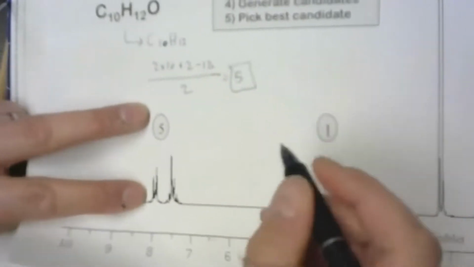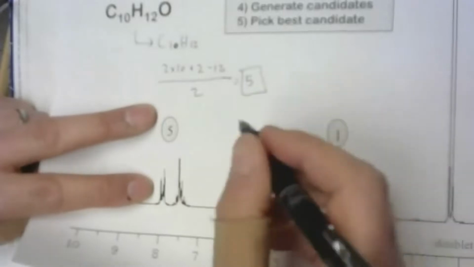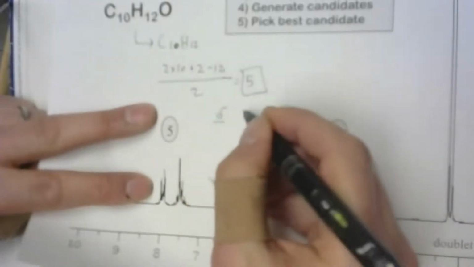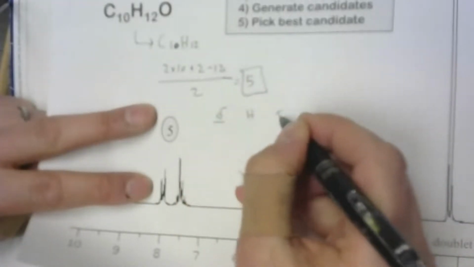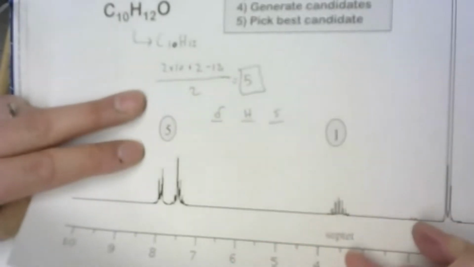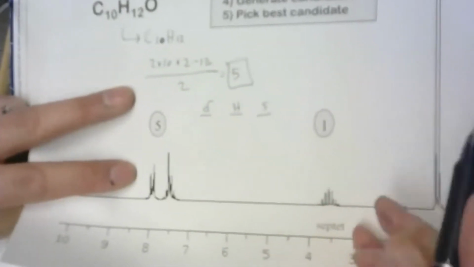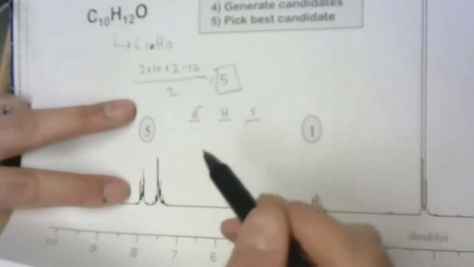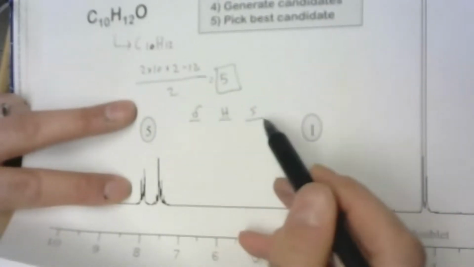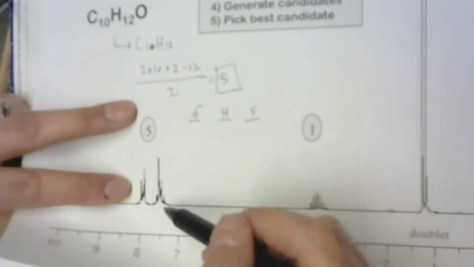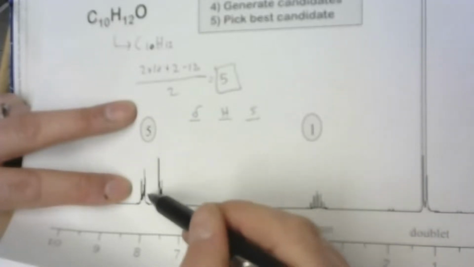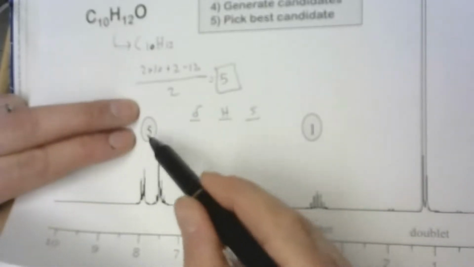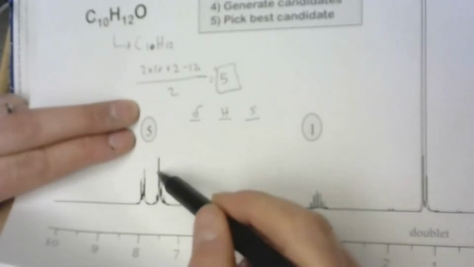Okay, so we have 5. Now we make our chart. So how do we do my chart? I'm going to say delta, H's. Delta, H's, okay? All right. So what's my first little region? I am actually going to look at this mess over here. And I say, well, it's 5 protons.